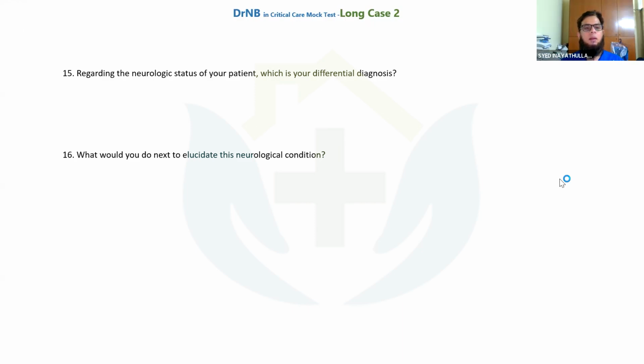Okay. And how will you differentiate critical illness neuropathy from other entities? Critical illness neuropathy is basically a diagnosis of exclusion here.